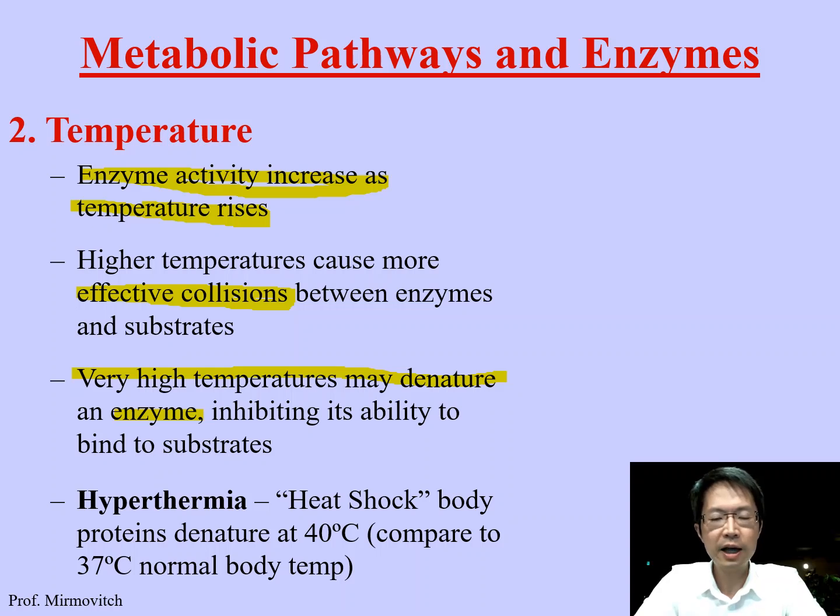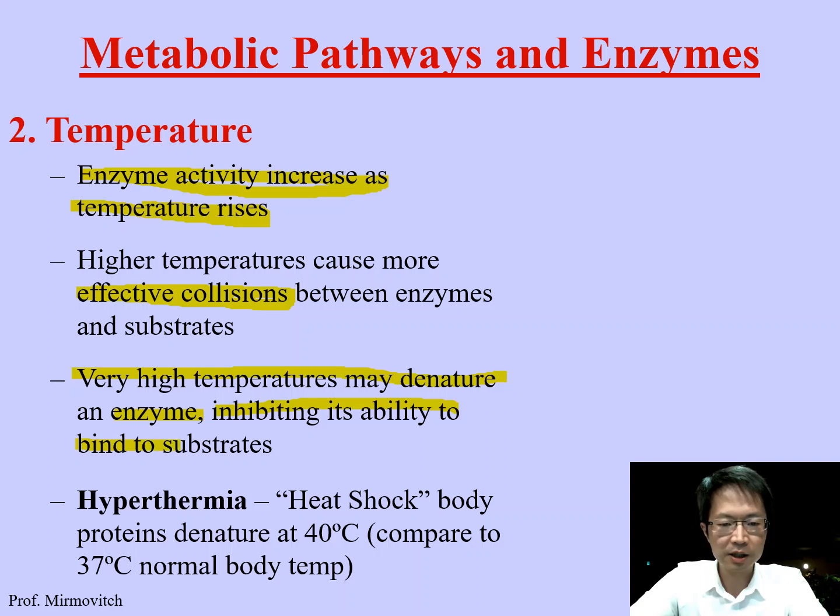We call it denature. Denature means that the structure of the protein changes. When the structure of the protein changes, the active site on the enzyme will also change shape. In this case, the enzyme can no longer bind to its original substrate, inhibiting its ability to bind.